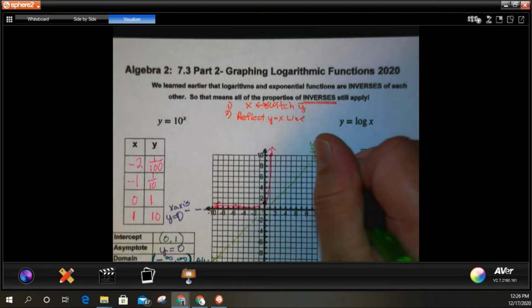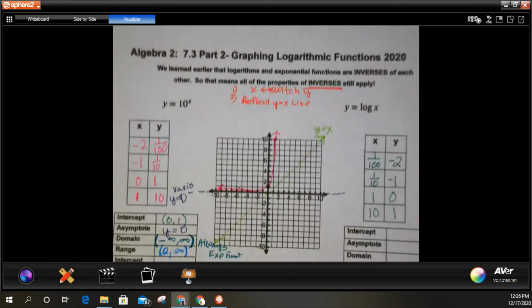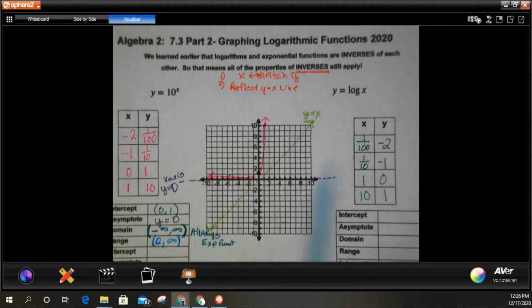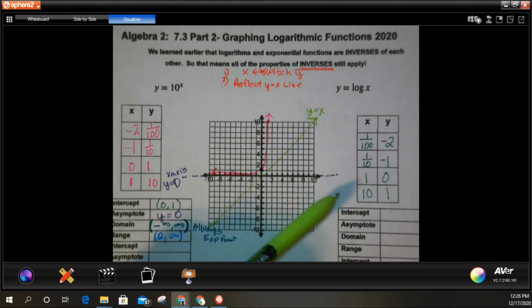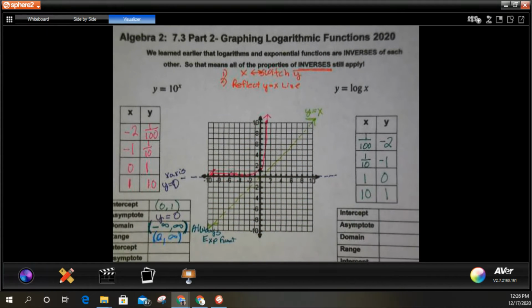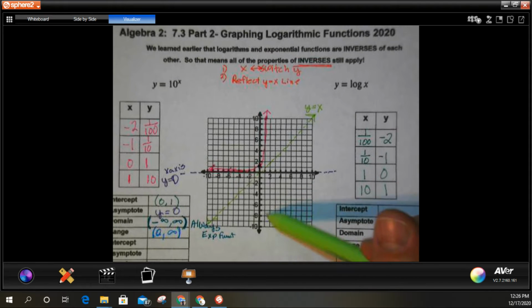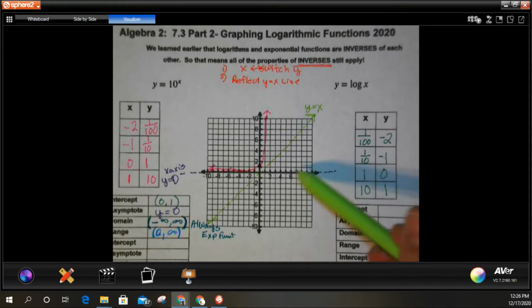So I know that this exponential function is going to reflect or flip about that line, so I'm assuming I'm going to have some kind of shape here.